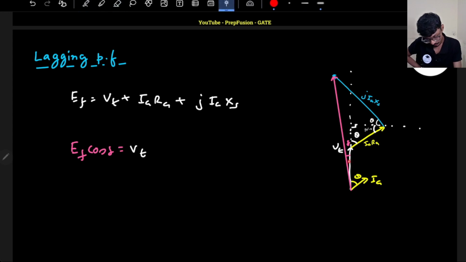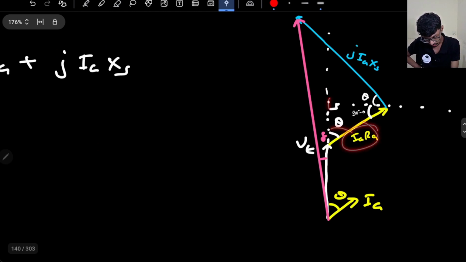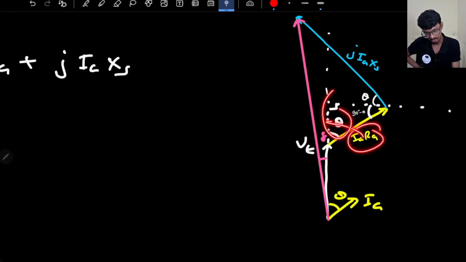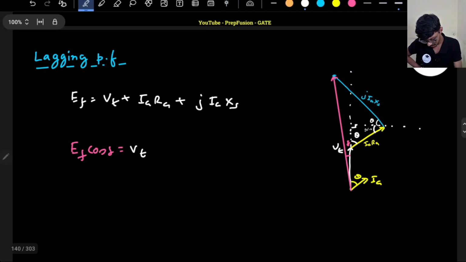Okay. It is Vt. Now again, IRa cos theta. IRa cos theta will be along this axis, so it will be plus IRa cos theta.